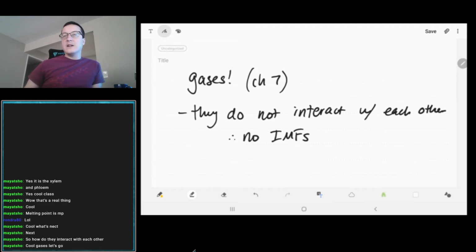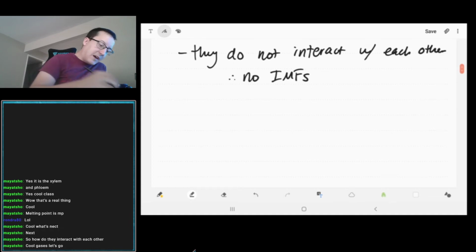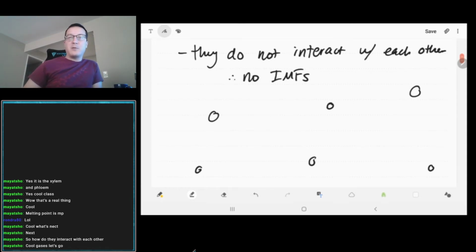This is kind of one assumption we make. There may be some small minor interactions that gases would undergo, maybe like a quick London force here and there, but by and large, they don't interact with each other. We can think of gases as things that are really far apart. And they're just too far apart to interact with each other.